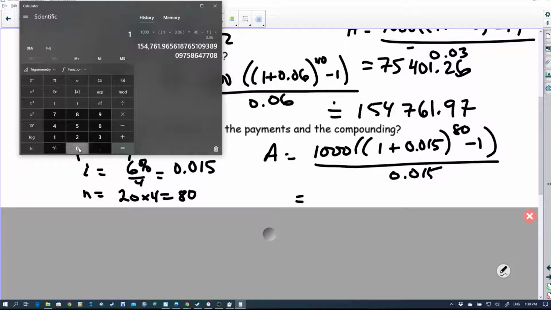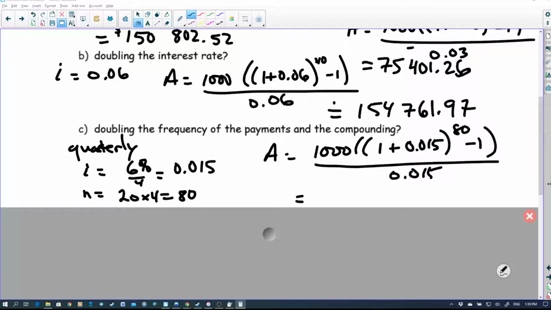So 1,000 times bracket 1 plus 0.015 bracket to the power of 80 minus 1 bracket divided by 0.015 equals 152,710.85.